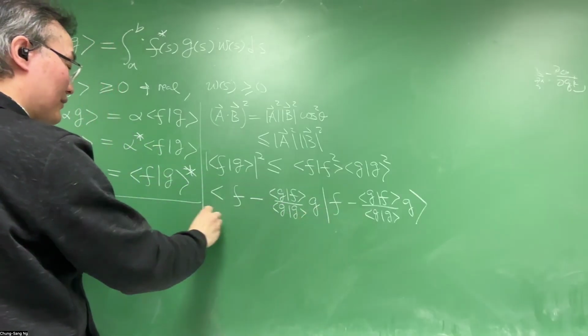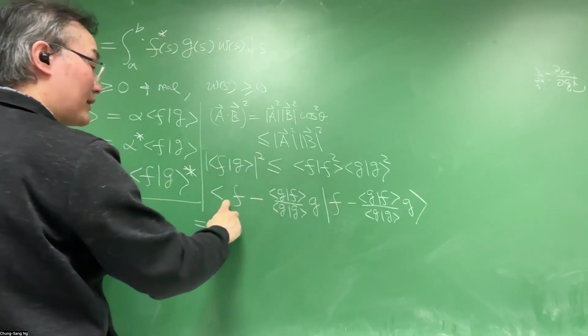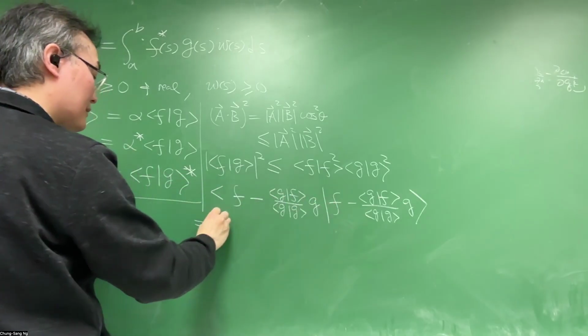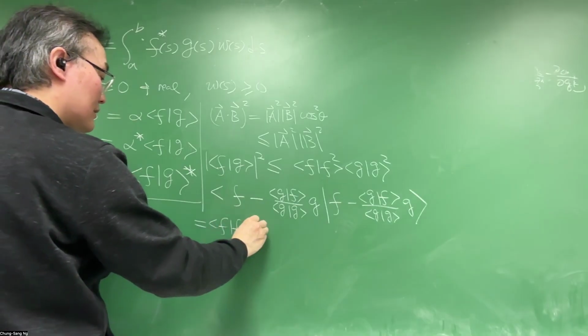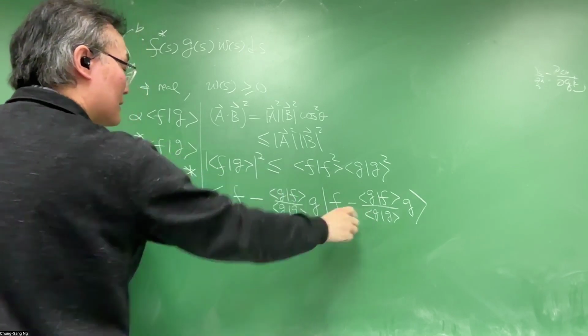Then you use the algebraic properties of the scalar product to expand it in terms of F. This one with this one, and then this one with this one.